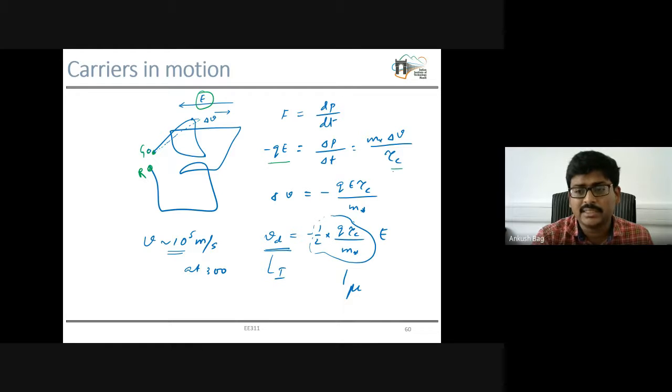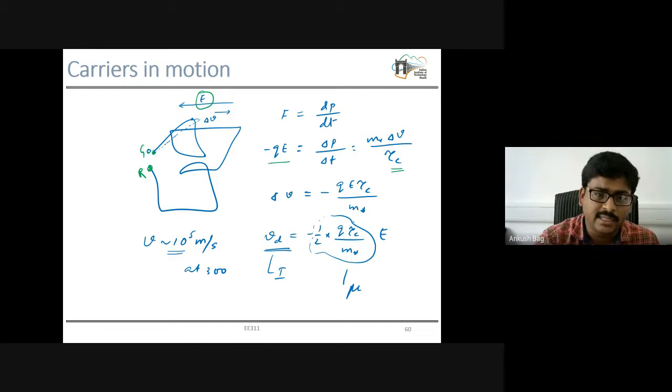And tau c is called the mean free time, the time between two collisions, or rather the average time, of course, because this time may change.